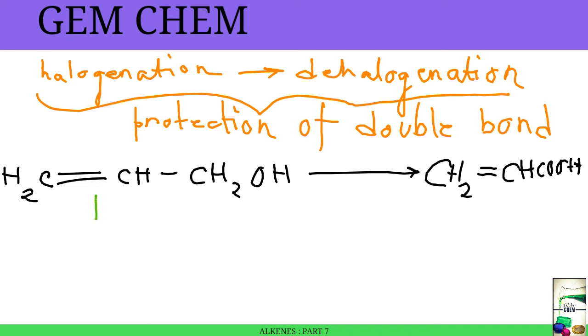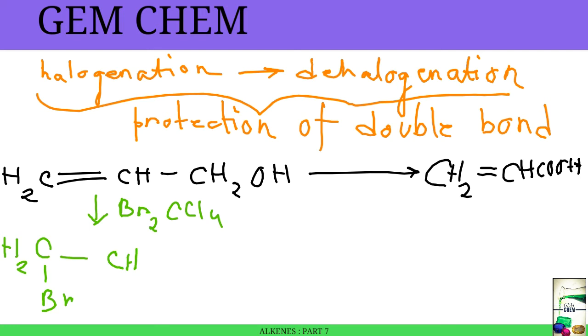If we react it with Br2 in CCl4, then ultimately we obtain CH2Br, CHBr and CH2OH. Thus, we see here that our double bond is now protected and it will not get oxidized if we add an oxidizing agent, right?